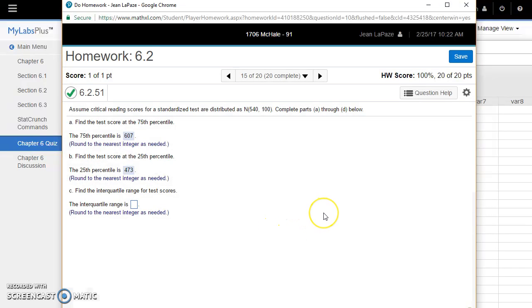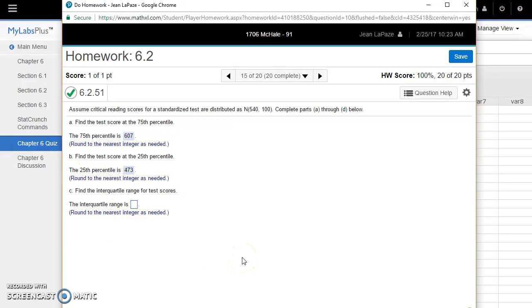All right, now they want us to find the interquartile range. That is not something that we're going to be able to technologically derive from this part of the application. We'll be able to do that later, but not now. But remember, back in chapter 3, specifically on pages 96 to 97, it talks about the interquartile range, and it tells us that it's the difference between the 75th and the 25th percentile.